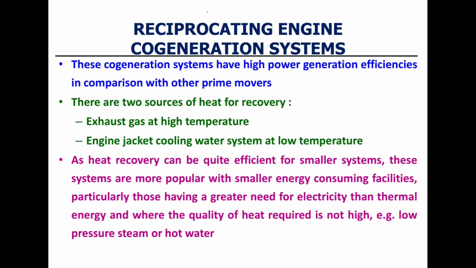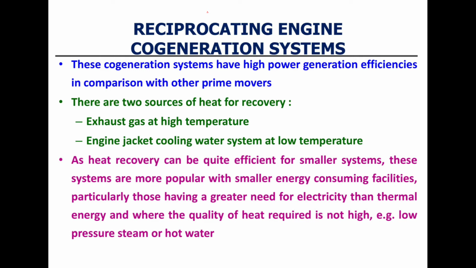The reciprocating engine cogeneration systems. These cogeneration systems have high power generation efficiencies in comparison with other prime movers. There are two sources of heat for recovery: exhaust gas at high temperature, and the engine jacket cooling water system at low temperature.